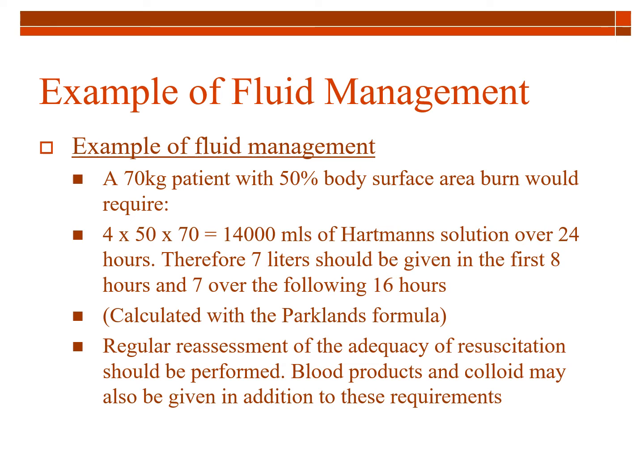And that comes out to a grand total of 14,000 milliliters over 24 hours. Therefore, 7 liters, which is half of the 14,000, should be given in the first 8 hours after the burn injury, and the remaining half, or 7 liters, should be given over the following 16 hours.